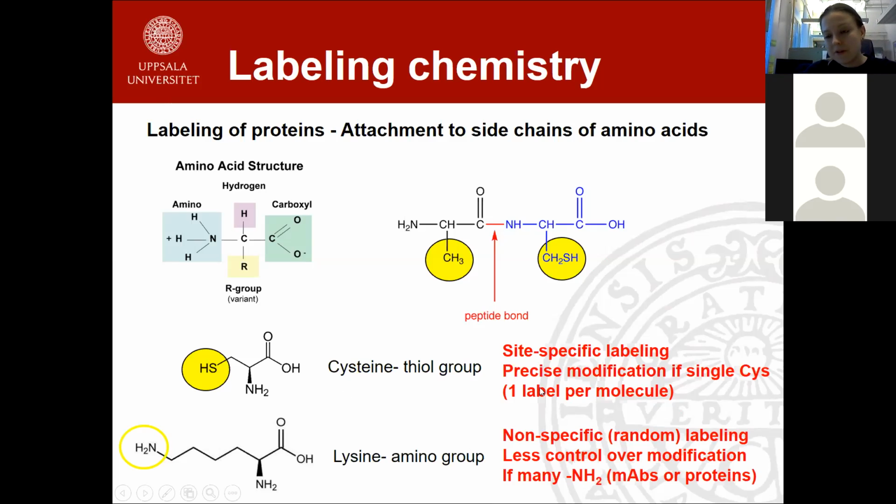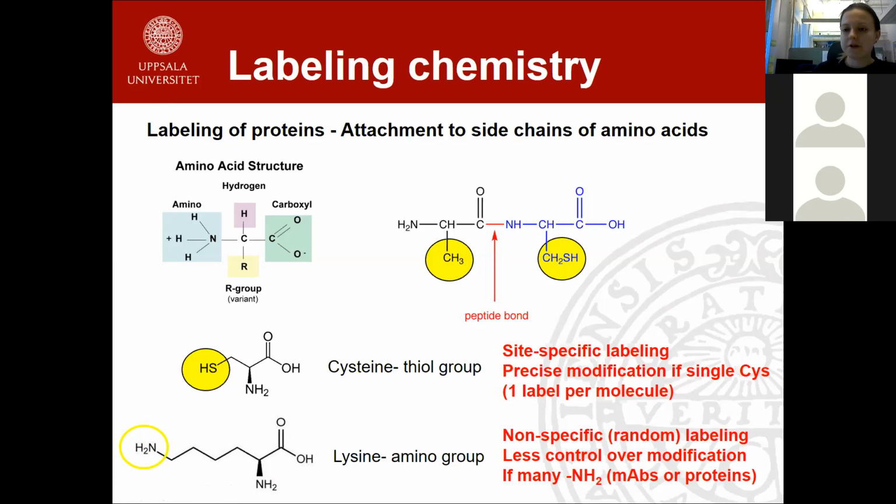And what is the opposite of cysteine? It can be the situation with lysines. So lysines are amino acids with free amino groups. And usually lysines are very common in proteins. For example, in monoclonal antibodies, there are really a lot of lysines, maybe 70 lysines or more, that can be used for modification.